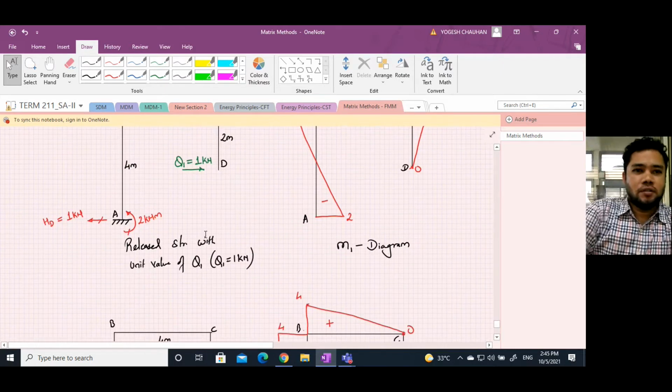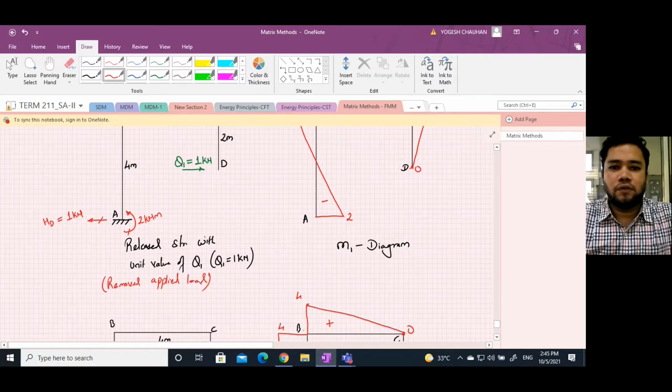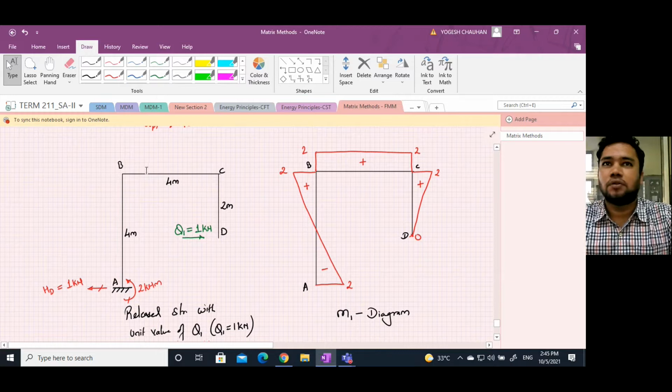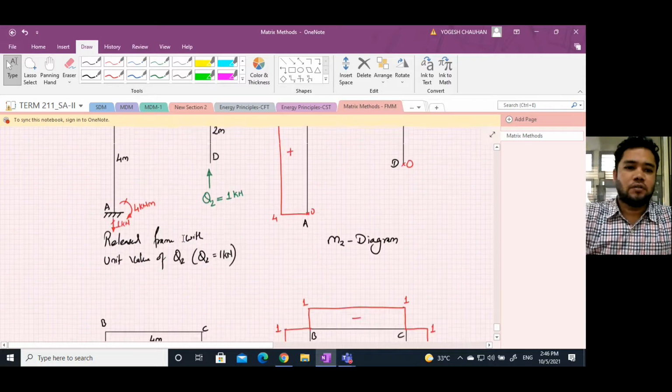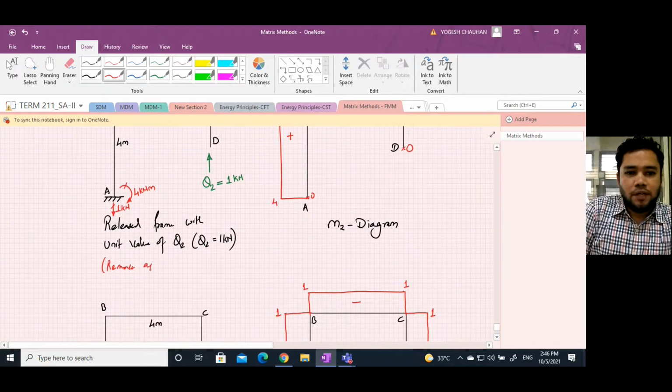Note that whenever you draw a small m diagram, there should not be any applied load. You only draw the bending moment diagram corresponding to the values of the redundants. So here also you remove the applied load.